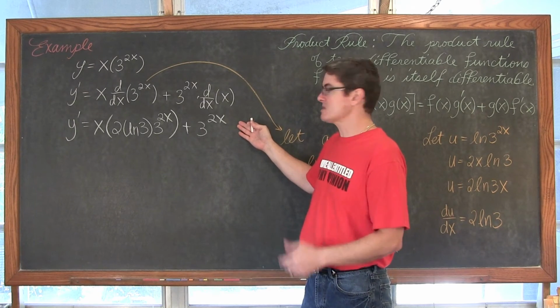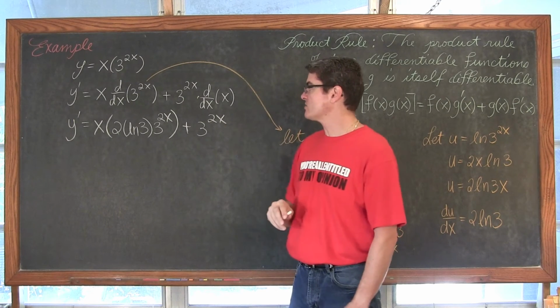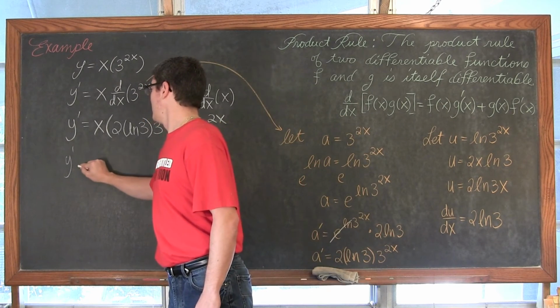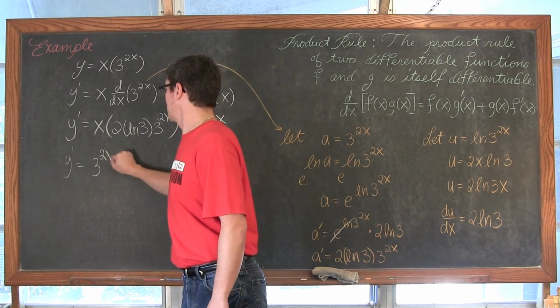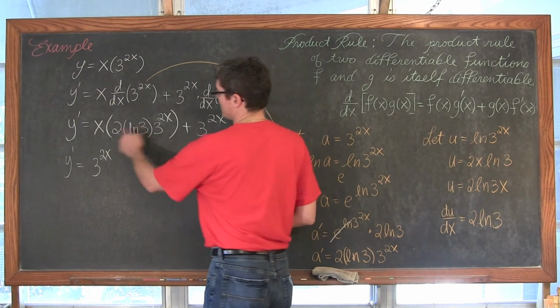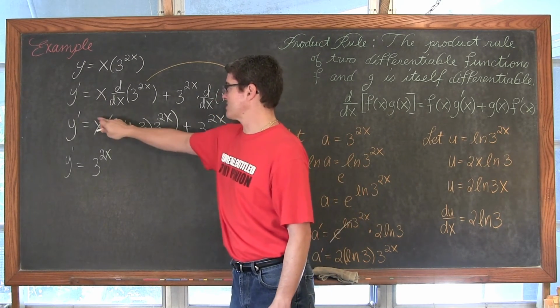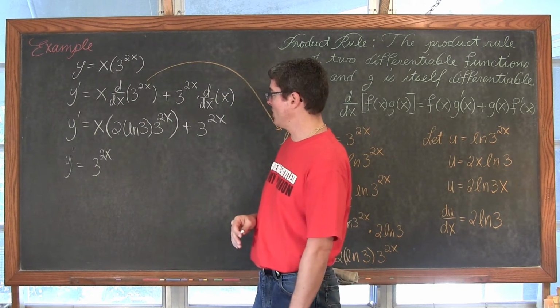But if we want to do some more algebraic steps to simplify this, or if you're required to, both of these terms have a factor of 3 to the 2x power, so we can write y prime is equal to 3 to the 2x power. These parentheses are there. I always do that with substitution. It's almost confusing a little bit because it seems like you should be distributing this x, but of course there's only one factor, or excuse me, one term in here.